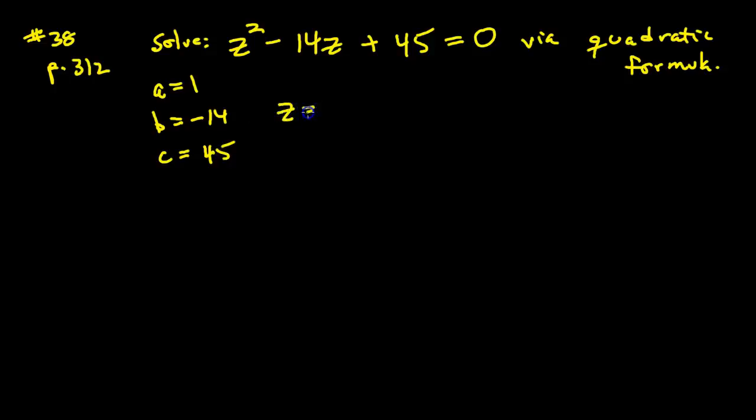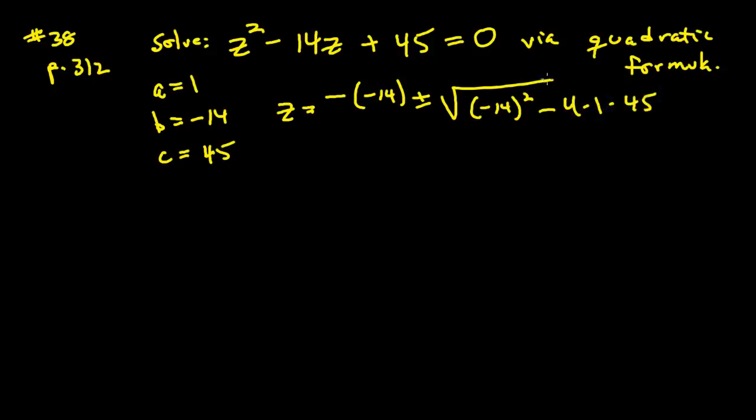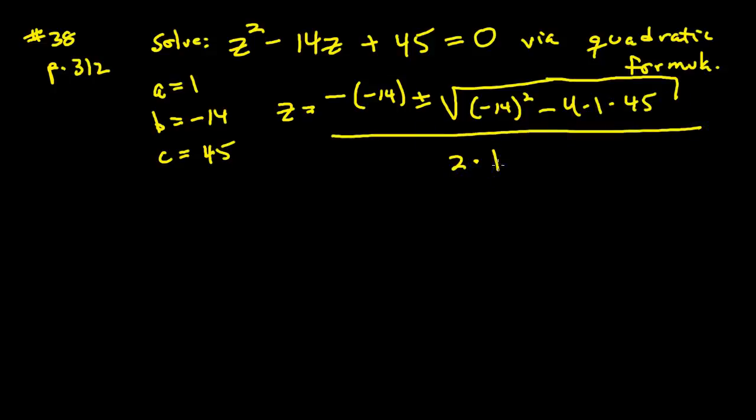So z equals minus b plus or minus the square root of b squared minus 4 times a times c, divided by 2 times a.